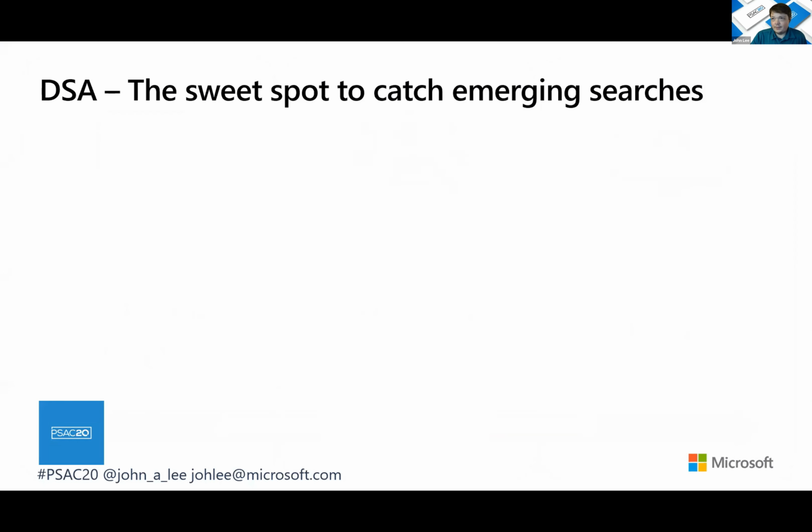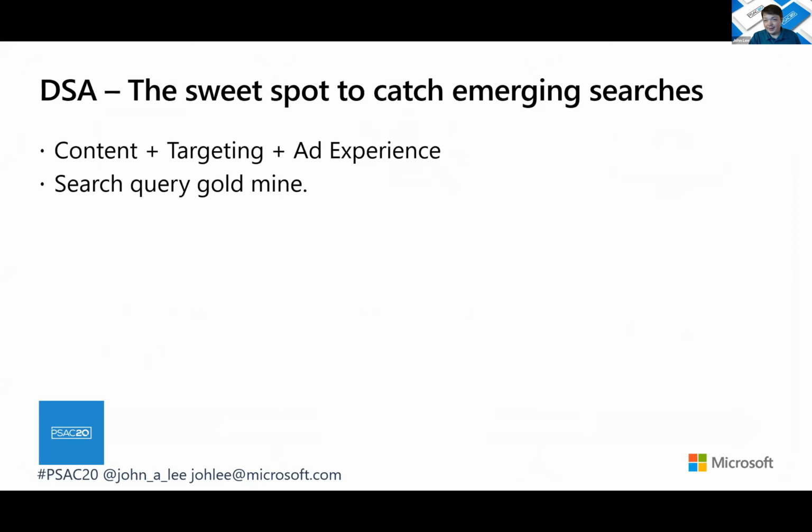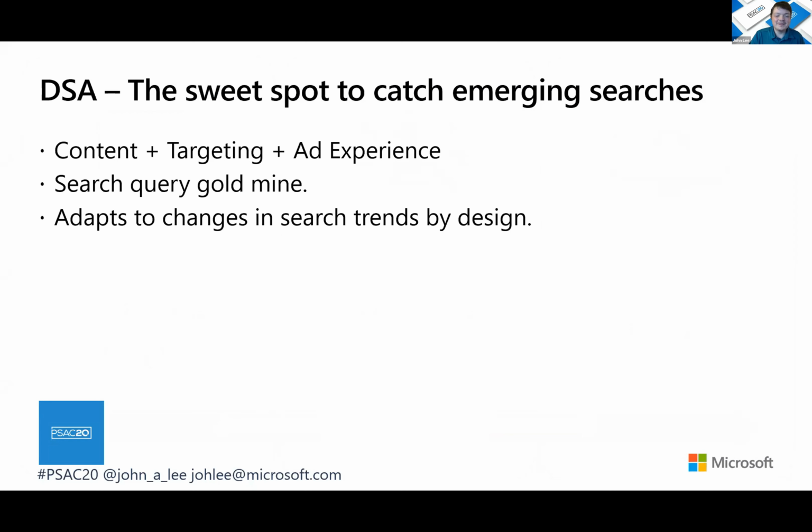So that's why I'm going to talk about it. It's that sweet spot to catch emerging searches, emerging queries. So it's the content, it's the targeting, it's the ad experience, it's a gold mine. There it is. That's the first instance. You're going to see that phrase pop up again, I promise. And what's really cool here is that by design, dynamic search ads adapt to changes in search trends, right? That's really what it's for.